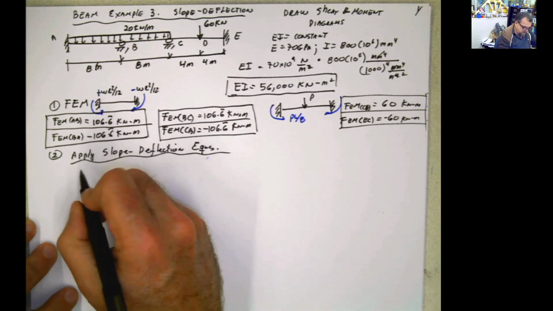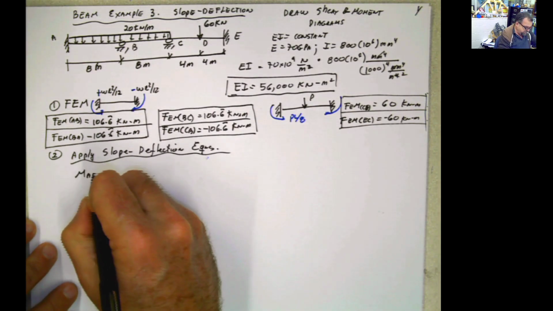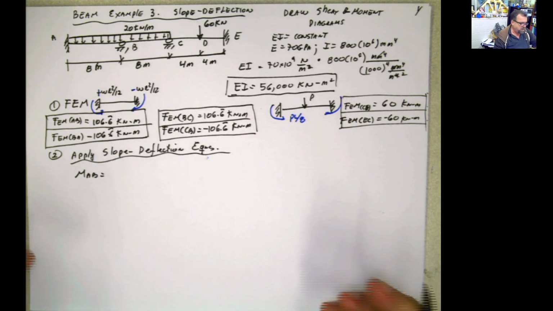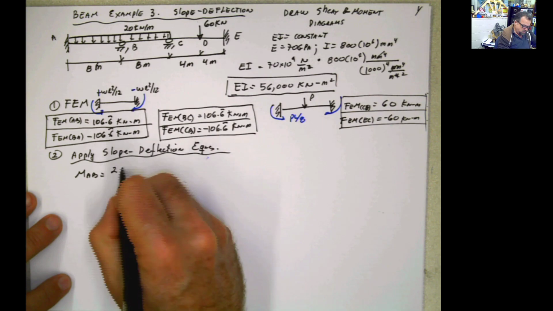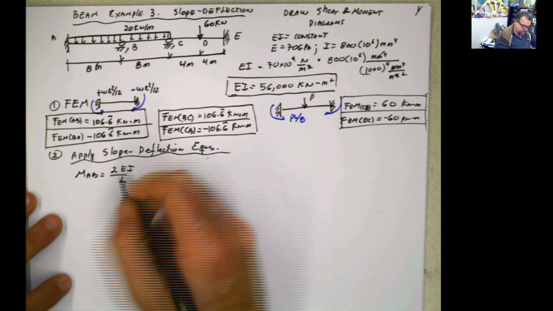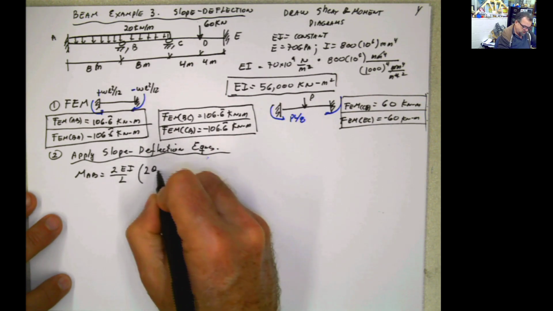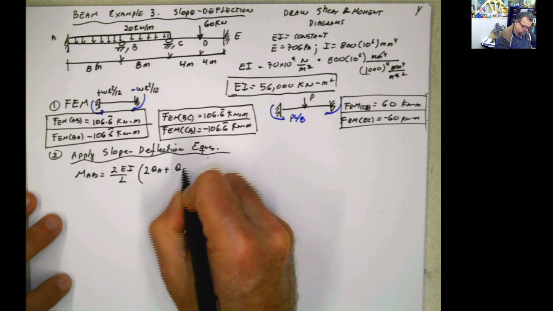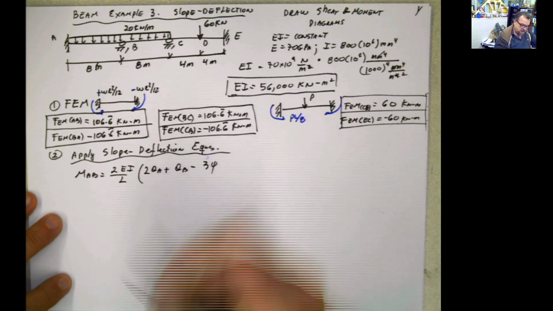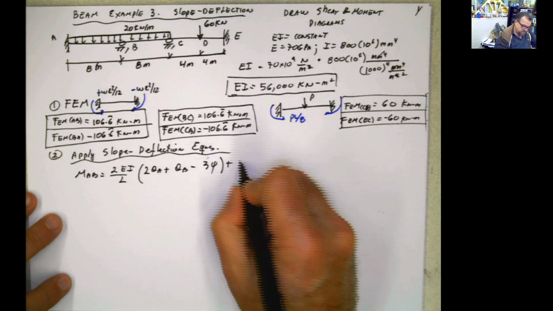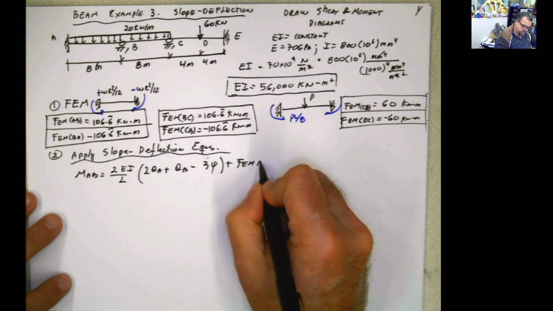The moment AB, remember this is the long equation that we discussed in the intro, not the simplified. 2EI divided by L times 2 rotation at A plus rotation at B minus 3 times psi, which is the angle of the chord, plus the fixed end moment AB.